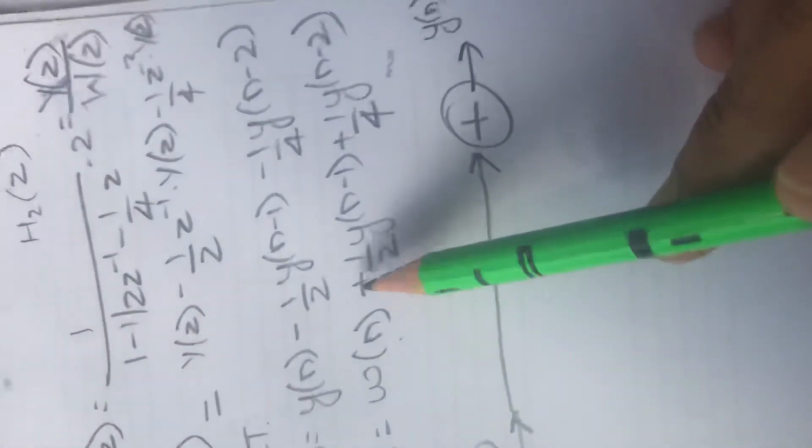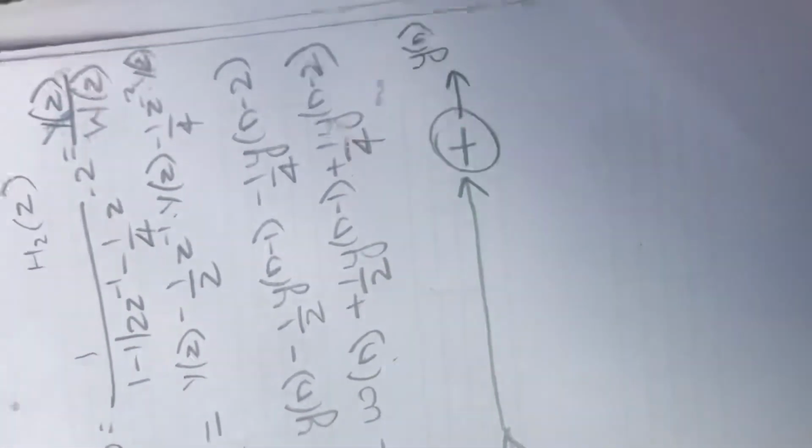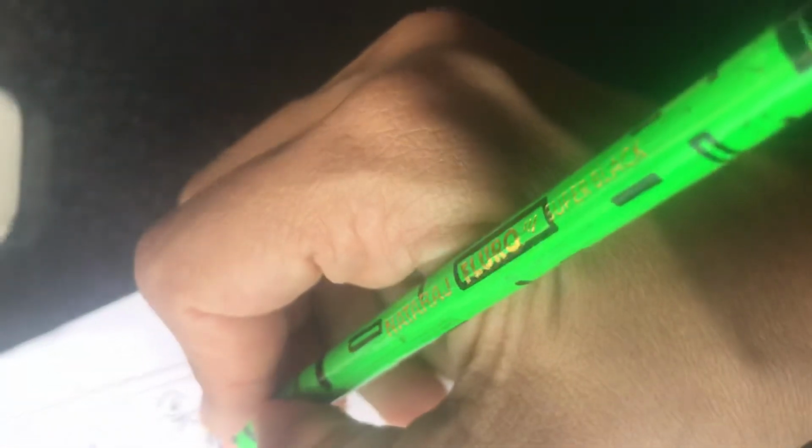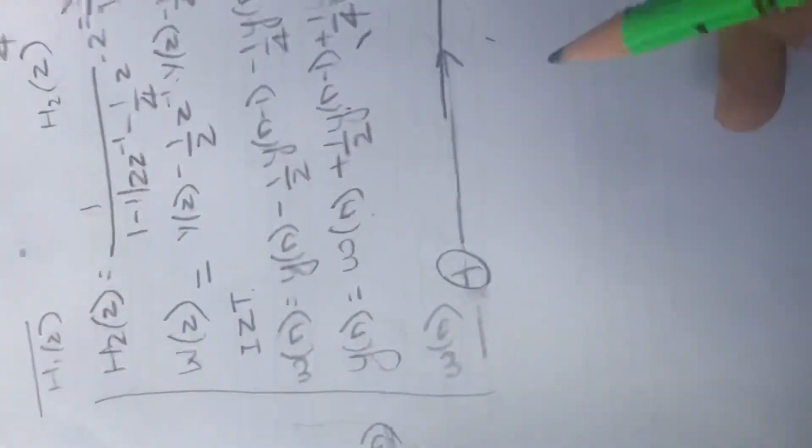The next term is y of n minus 1. When will we get y of n minus 1? I have put the adder block here.